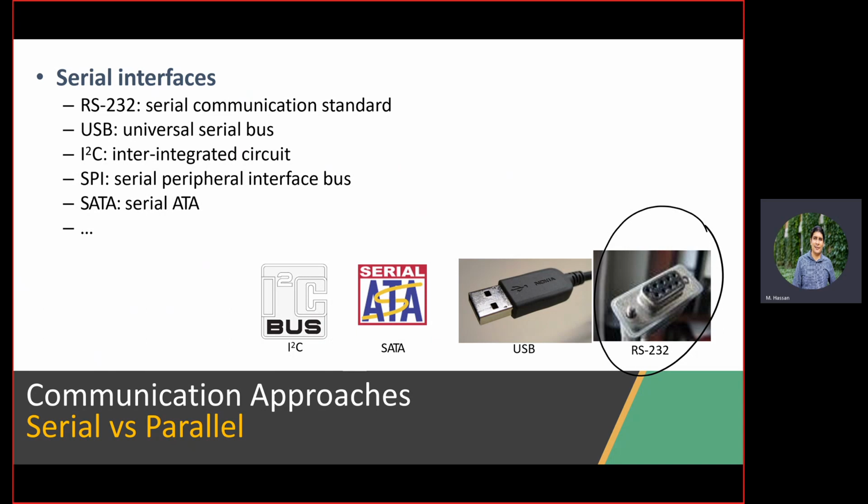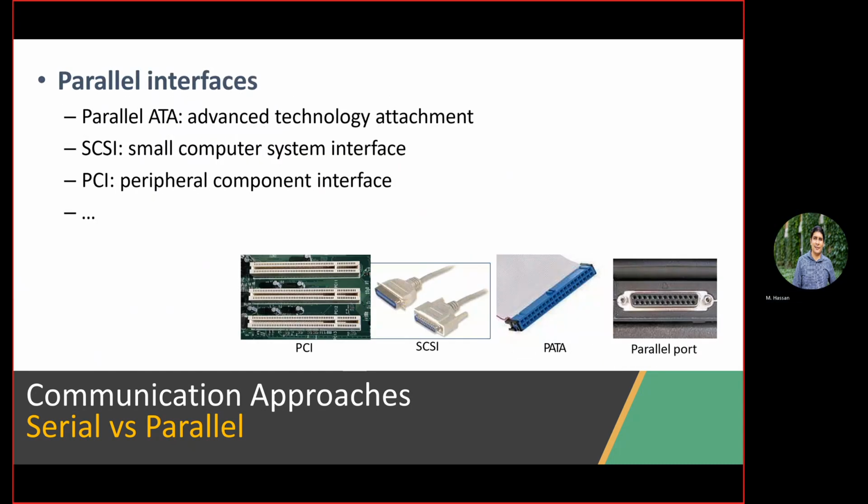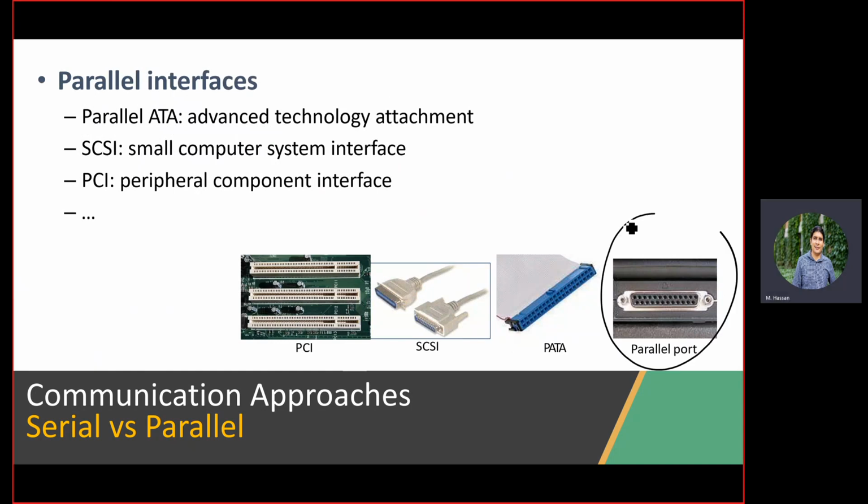But there's also SATA. Do you know where SATA is being used or has been used? Yeah, hard drives, exactly. So this is the old hard drive, especially the mechanical one. They were SATA. What about parallel interfaces? I will ask the same question again, and maybe it's an older protocol. Have you ever seen a desktop with a parallel port?